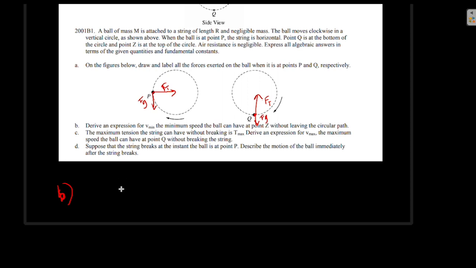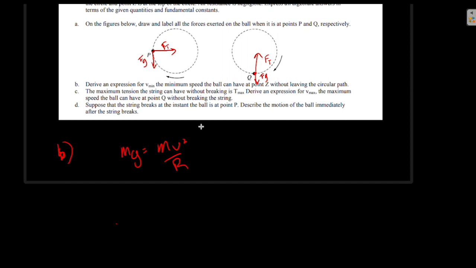So we're going to have mg is equal to mv squared over r. And since the force of tension is 0, this is why it's the minimum velocity. Then we can solve for v. The m's cancel out. We're going to have gr is equal to v squared, and then v is equal to square root of gr.